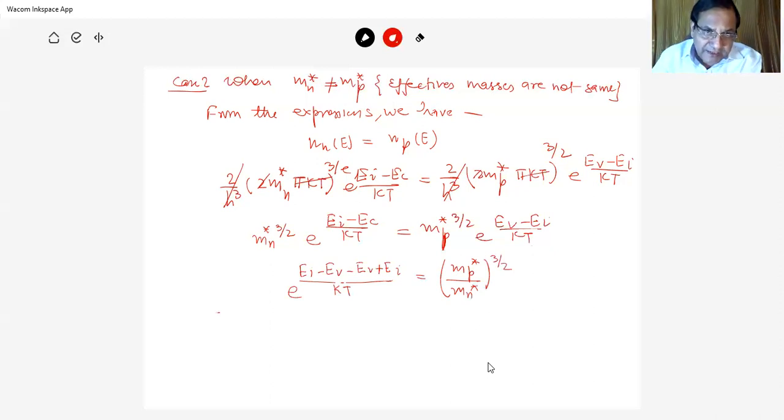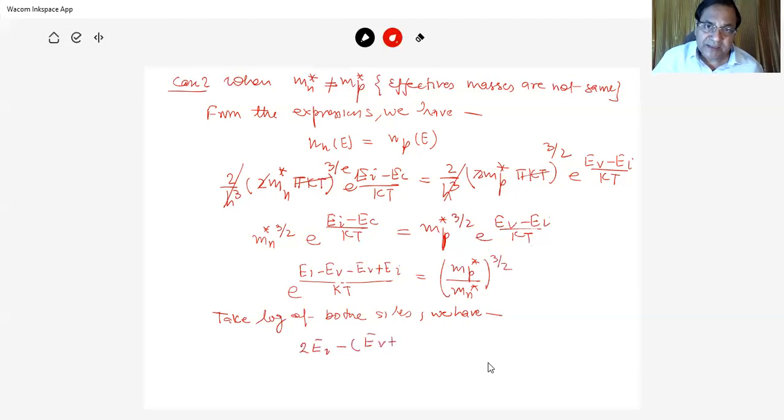Take log of both the sides. What we have is 2Ei minus EV minus EC equal to 3 by 2 natural log of (Mp star upon Mn star) to the power 3 by 2.